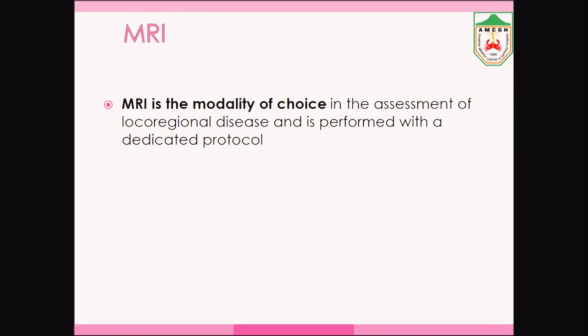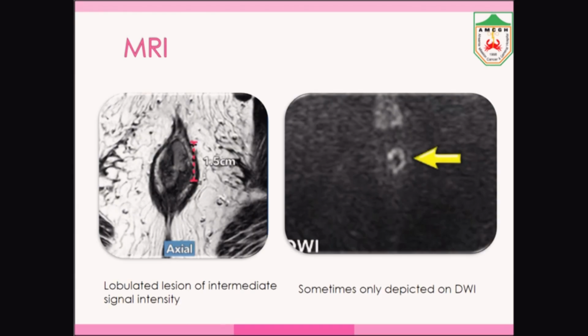MRI is the modality of choice for the detection of anal carcinoma. If it is a little bit more than 1 centimeter, it can be detected as an intermediate signal intensity. But if it is a subtle change, then we have to detect the lesion on DWI.